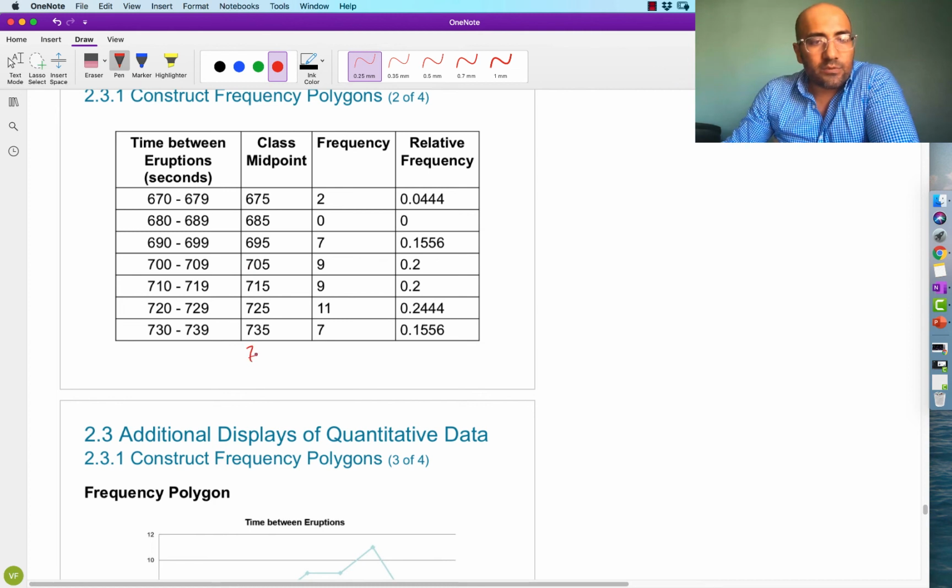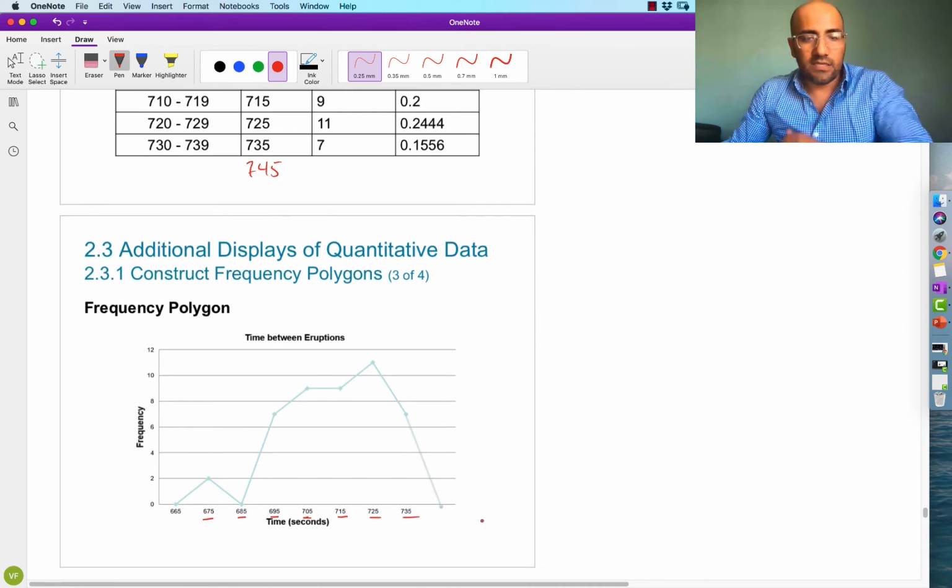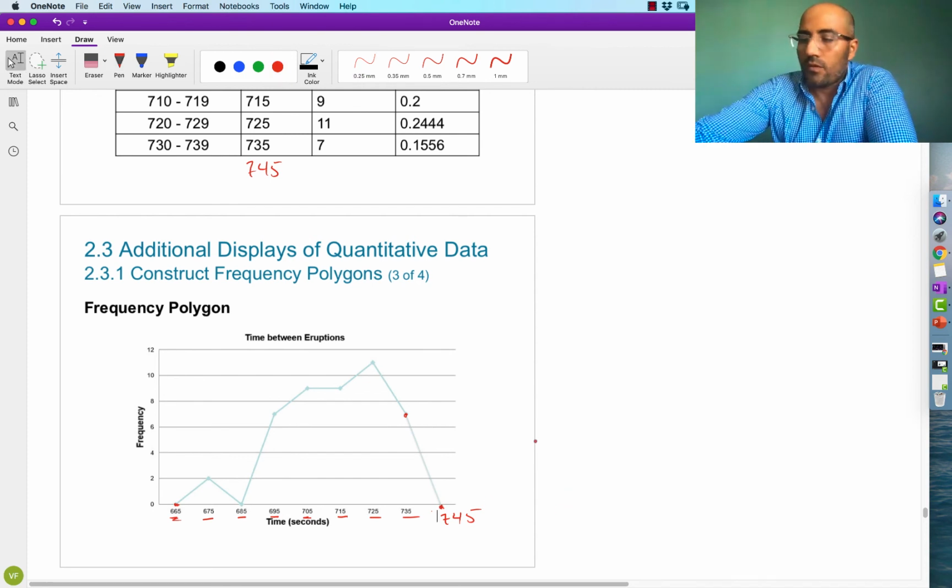So I can see that the next one's going to be 745, and the one right before the first would have been 665. So making a guess based on that pattern, this point is right there at 745, and this one is 665. Good. Then you make a connection over to 0 for each one of those, from there all the way down to there. Good. So that's a frequency polygon.